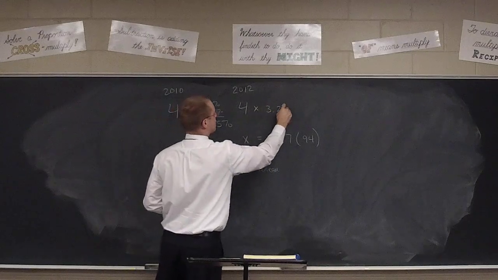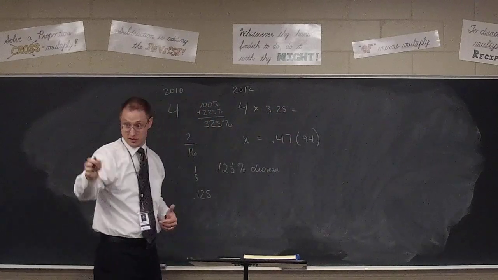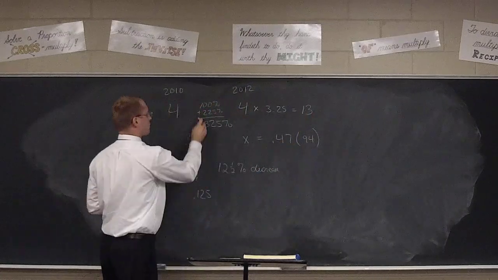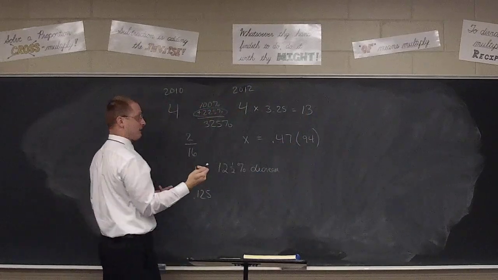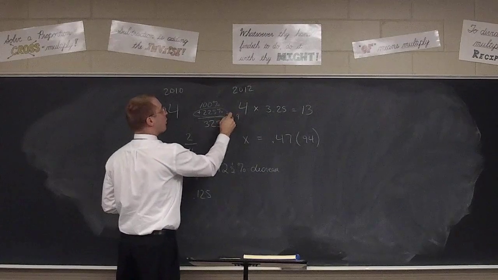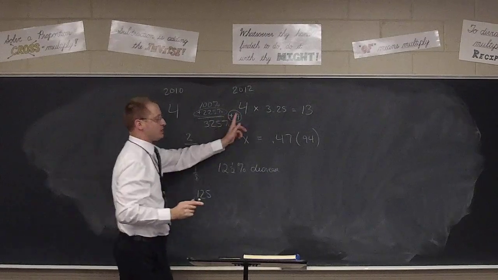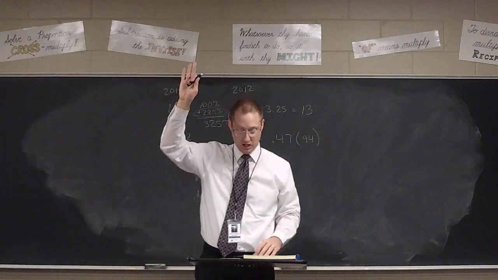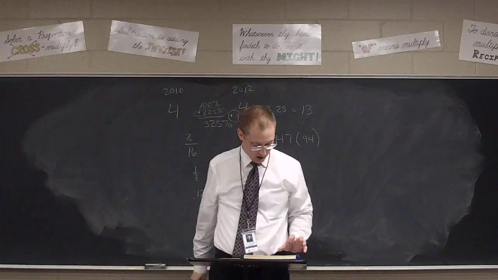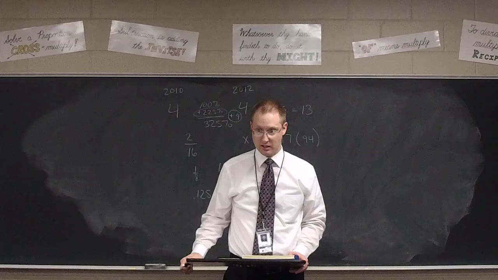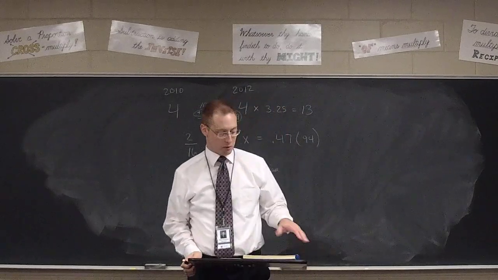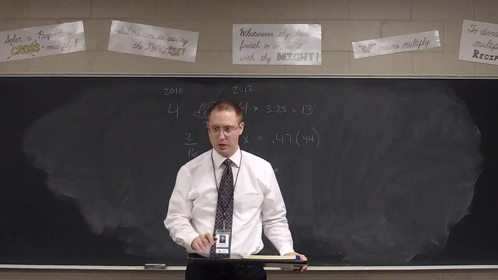Multiply by 3.25, and that would give us how many wins? 13 wins. Or, the other way is, well, 225% would be 9. But that's 9 more, so we could add the 9 games and still get 13. Either way is fine. How many had 13 wins in 2012? All right, excellent questions on that. So they went from a 4-12 season to a 13-3 season, assuming we're talking about an NFL team.